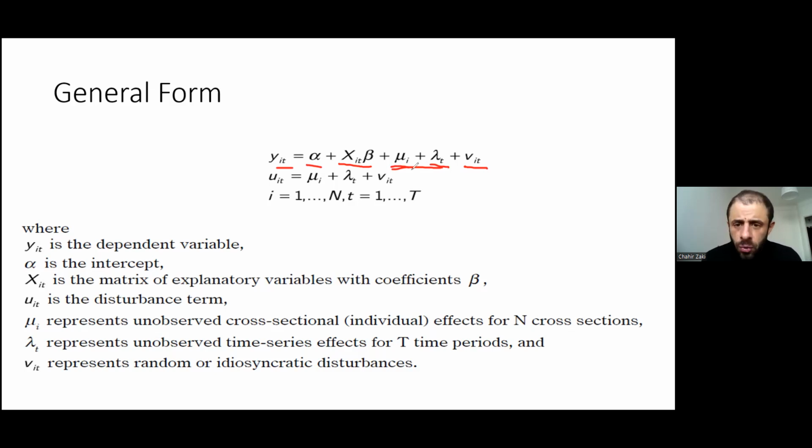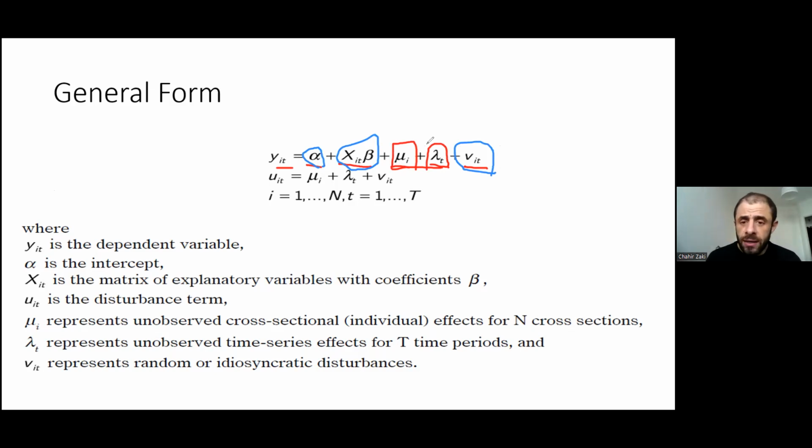What do the mu and the lambda mean? I remind you that the other parameters that we have here, in blue, are the classical terms that we have in a normal OLS regression. What is different is those in red, which are the mu and the lambda.